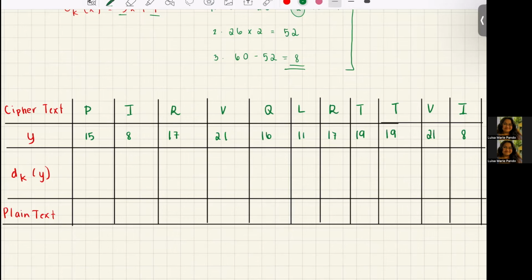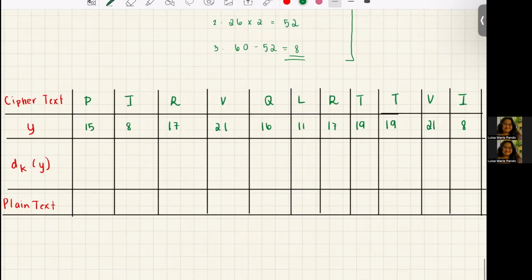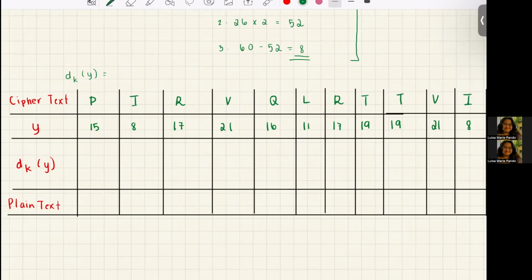So, paano ba 'to magiging decryption rule? Siyempre gagayahin natin yung decryption rule nga na, ganito, T sub k is equals to inverse ng ating, kasi inverse yung ating kailangan. So, it is going to be 9 times y minus 9.